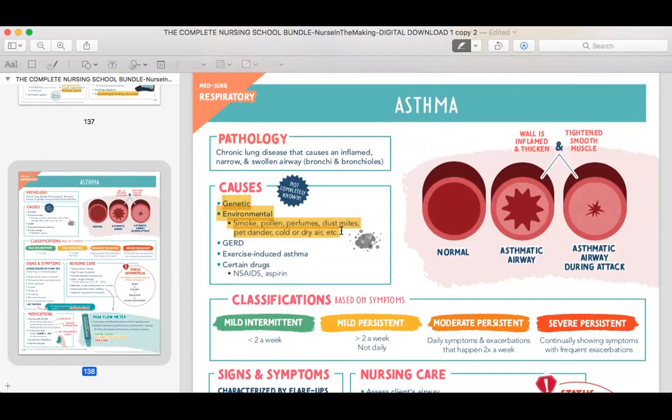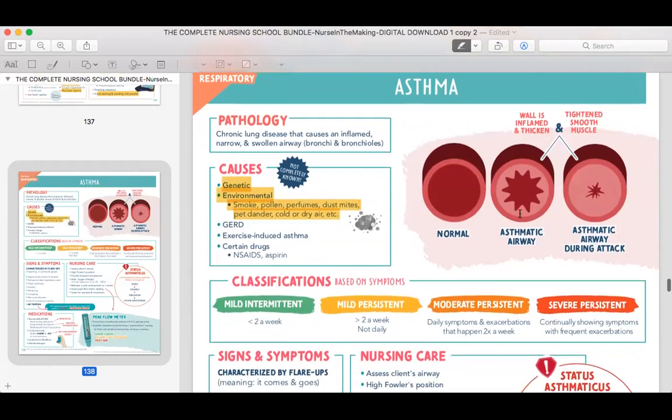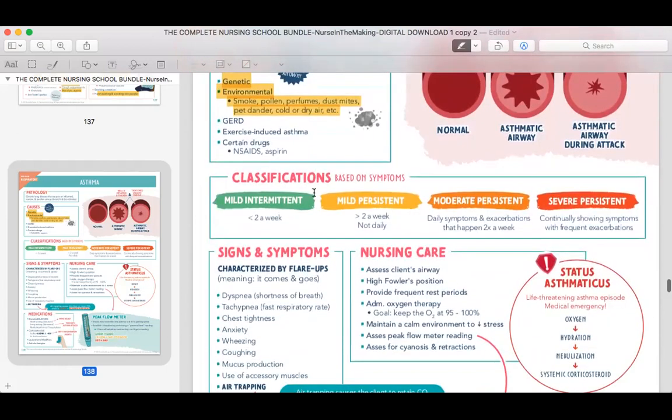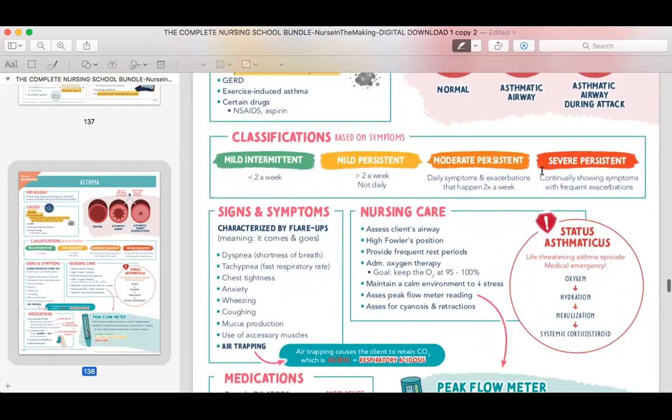That can be a cause of it. So this is your normal airway. And when you have asthma, the airway is almost blocked, which impairs breathing. You do have types: mild, persistent, moderate, severe. Severe is a medical emergency.